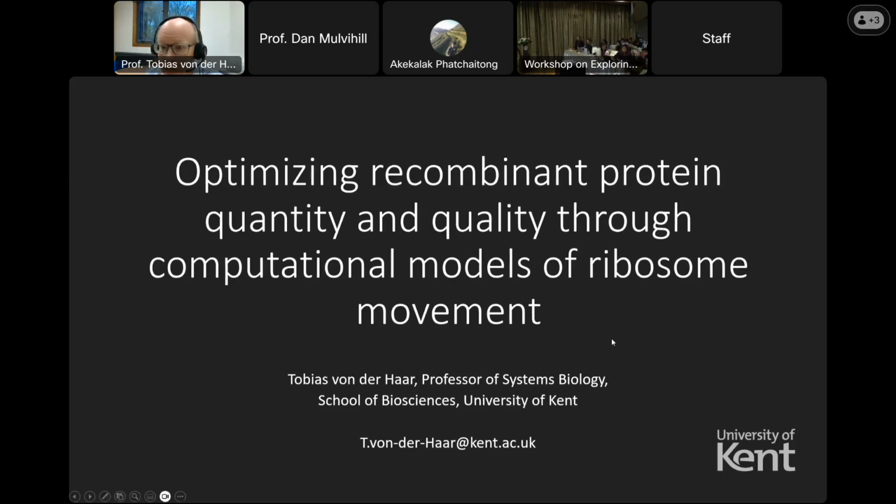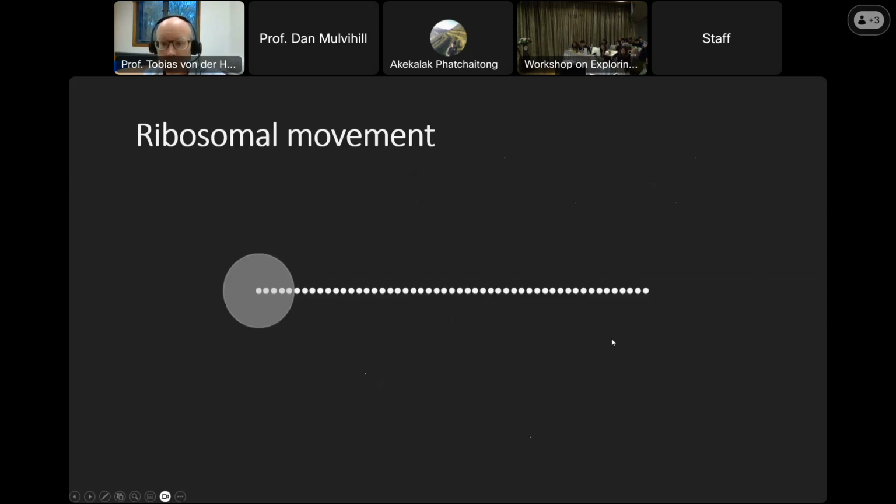One of the things we focus on when we try and interpret the efficiency of genes is the movement of ribosomes. Here is a very simple animation, which is probably the output of about 16 years of work, which is realistic in the sense that it depicts a gene.